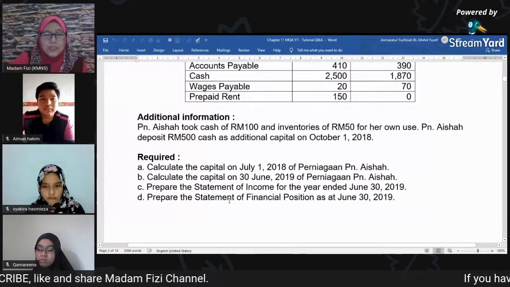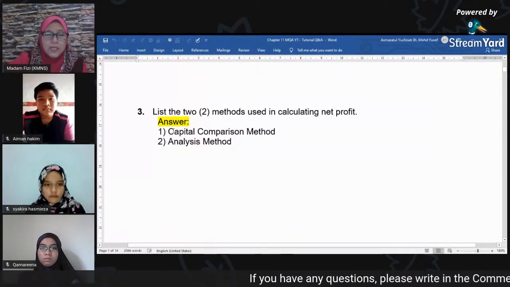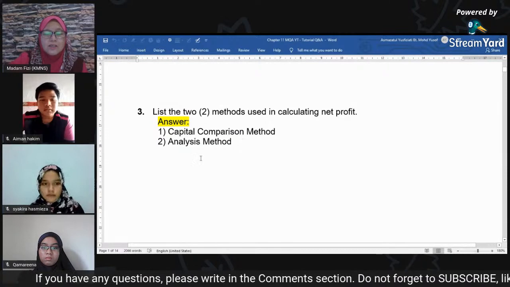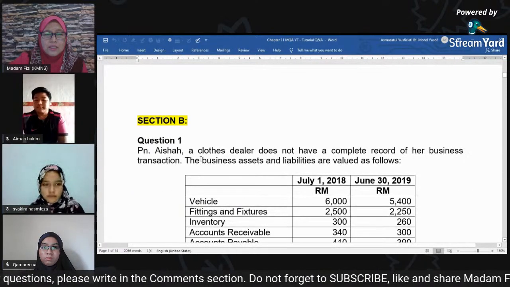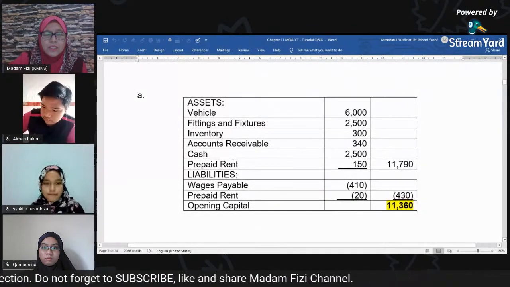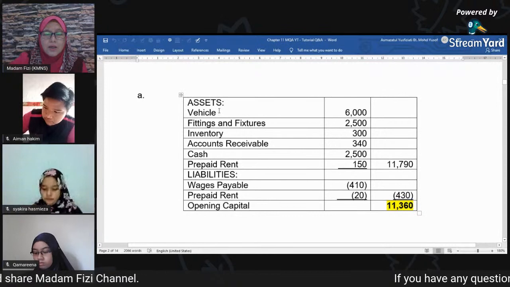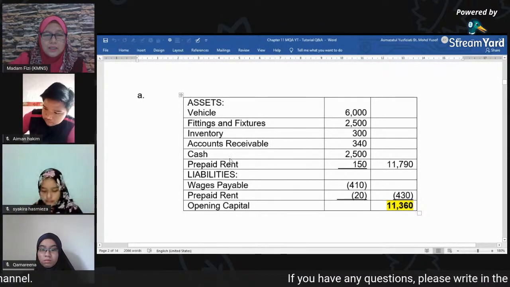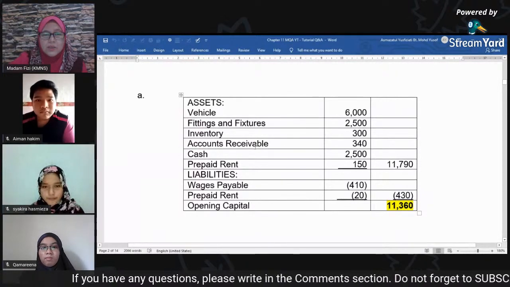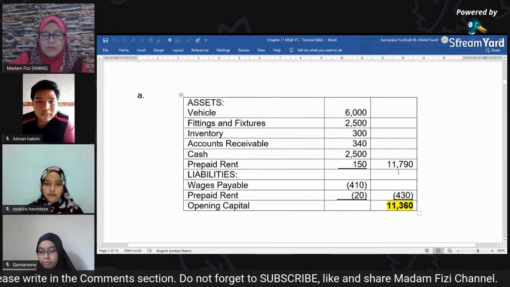Okay, so in this case, you have to choose the method of capital comparison. So now we answer the question. To calculate the opening capital is opening assets minus opening liabilities. So the opening asset total is 11,790.